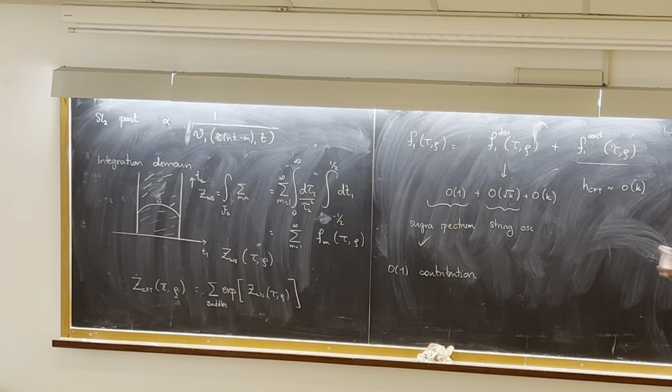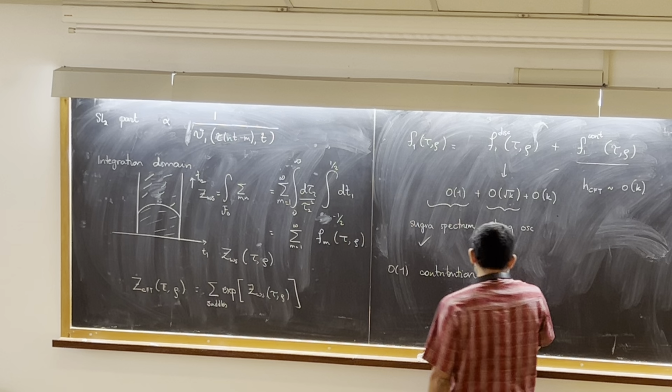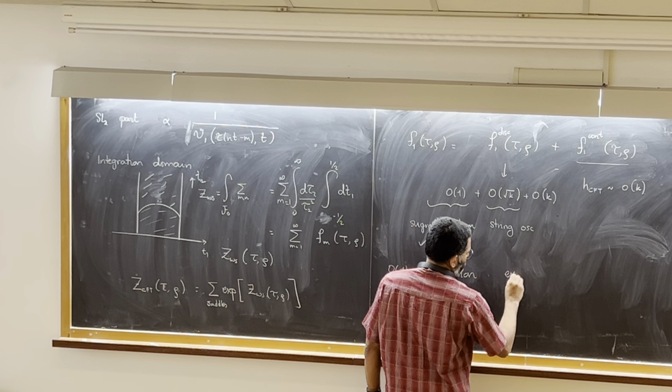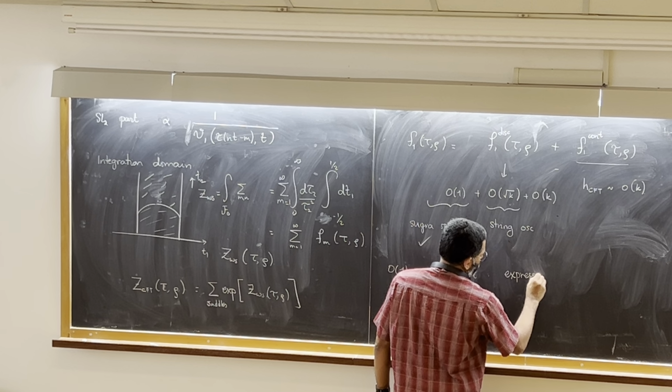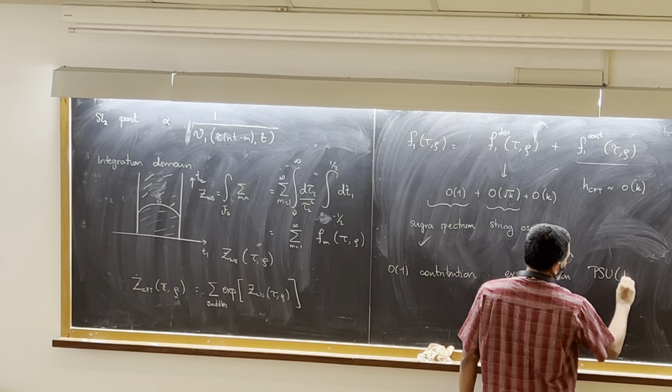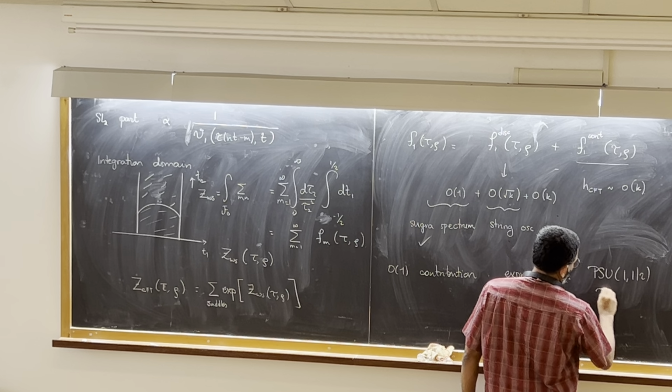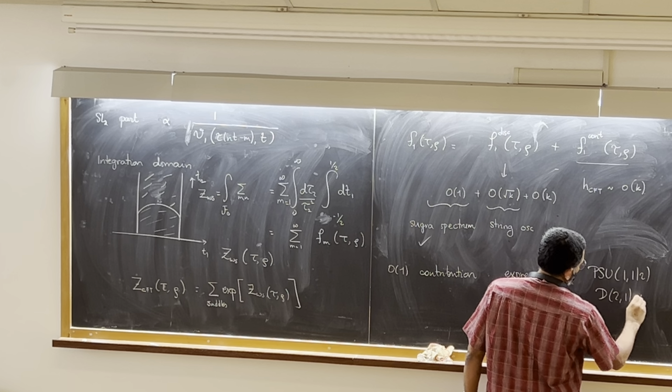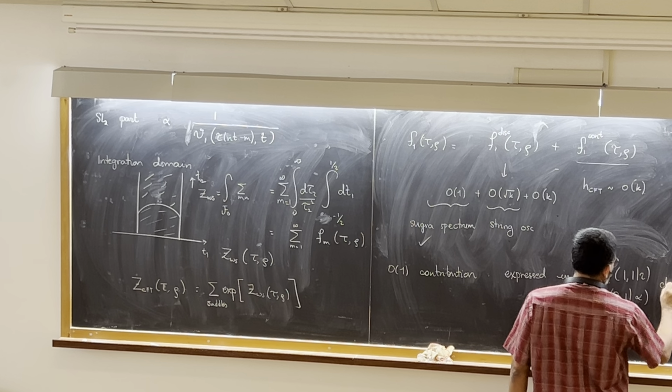Okay. Remember, we are doing supergravity. Supergravity doesn't know about Brown-Henneaux. It's only supergravity plus additional boundary conditions that knows about Brown-Henneaux. Supergravity only knows about Killing vectors and Killing spinors. So this order 1 contribution you can express in either PSU(1,1|2) or D(2,1;alpha) characters.